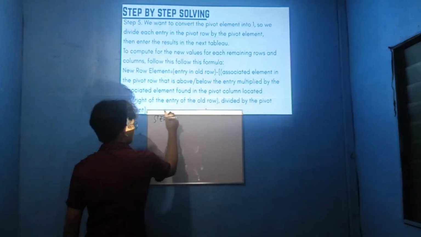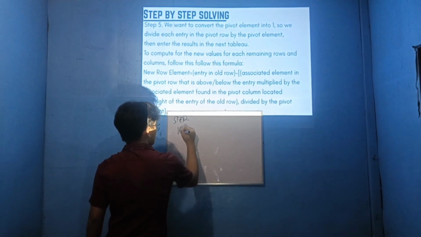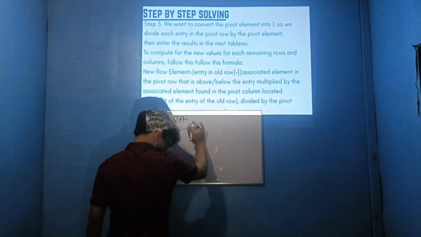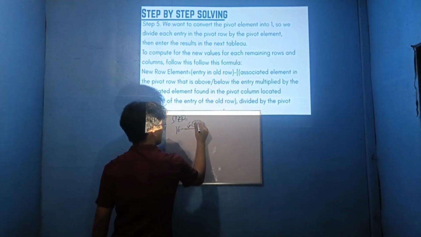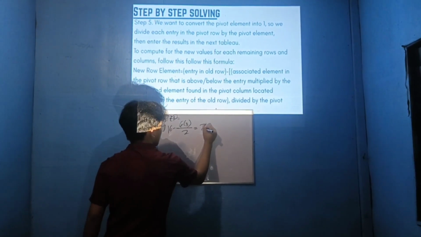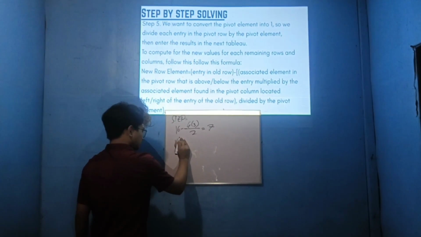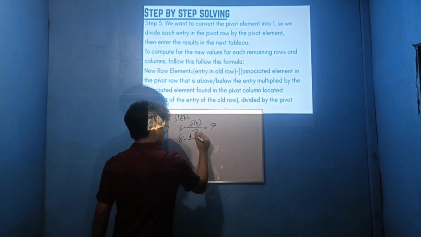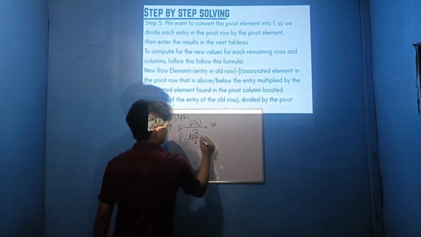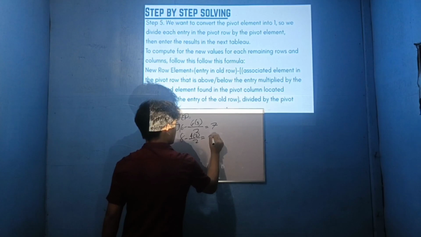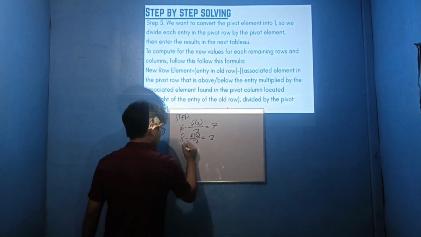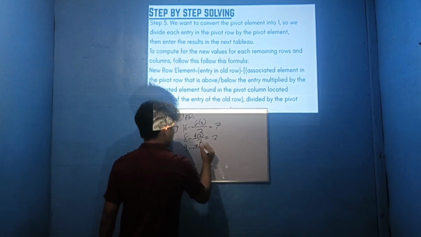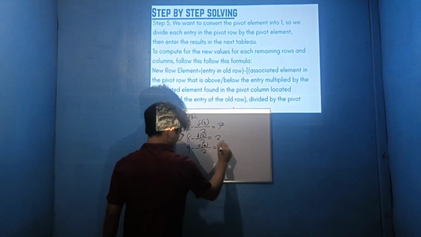Here in step 5, 16 minus 6 times 3 divided by 2, we got 7. And 8 minus 4 times 3 divided by 2, we got 2. And 4 minus 2 times 3 divided by 2, we got 1.